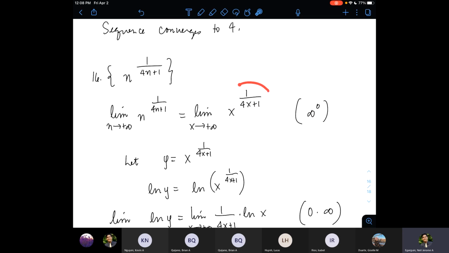In fact, this exponent will never be equal to 0, but it will just approach 0. So here, infinity to the 0 is not something raised to the 0 power, but a very large number raised to something close to 0. And a very large number raised to something close to 0 is indeterminate.